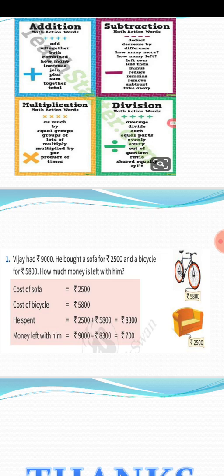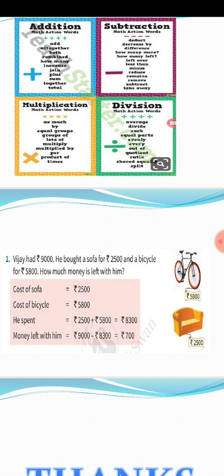See, first statement says Vijay had rupees 9000, means total money Vijay had is equal to 9000. He bought means he has done shopping. He has bought from the market. He bought two things, sofa and bicycle. Now, in order to calculate how much money is left with him, first we have to add how much he has spent.